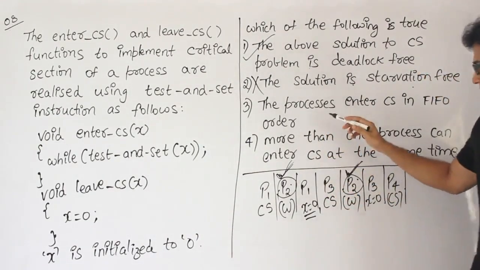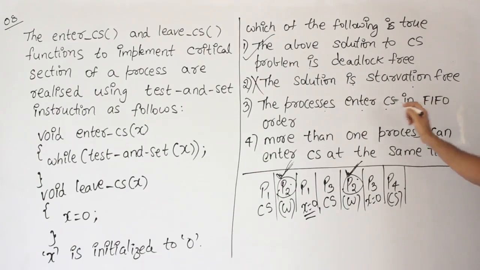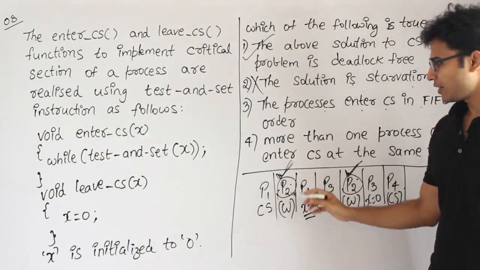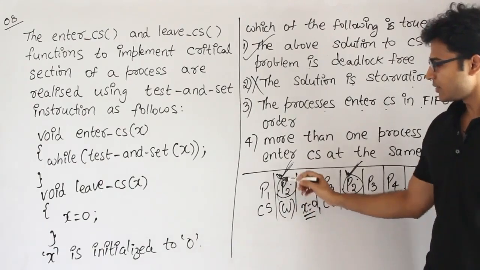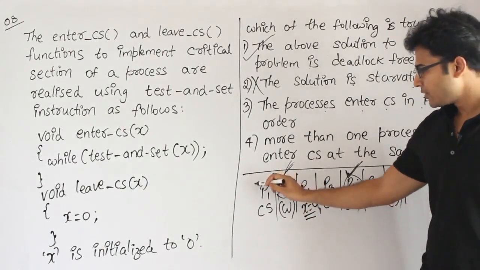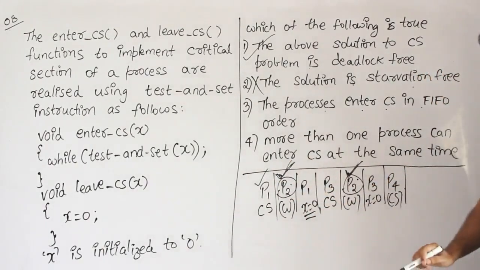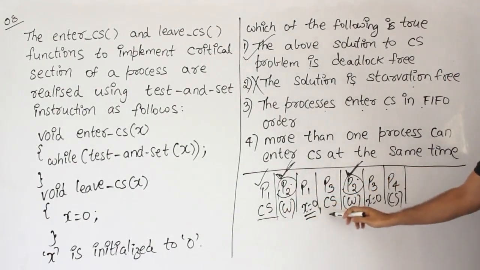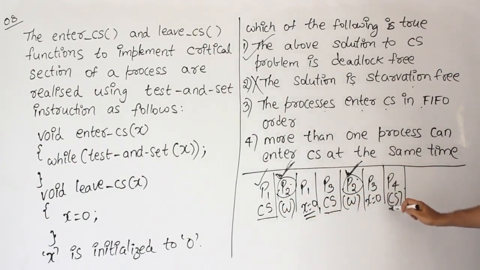Next one is that the process enters the CS in FIFO order. There is no guarantee that processes will enter the CS in FIFO order. Why? If it is FIFO order, first in first out, then after P1, P2 should get the access. But there is no guarantee that P2 will get the access. First P1 got the access, then P3 got the access, again P4 got the access.